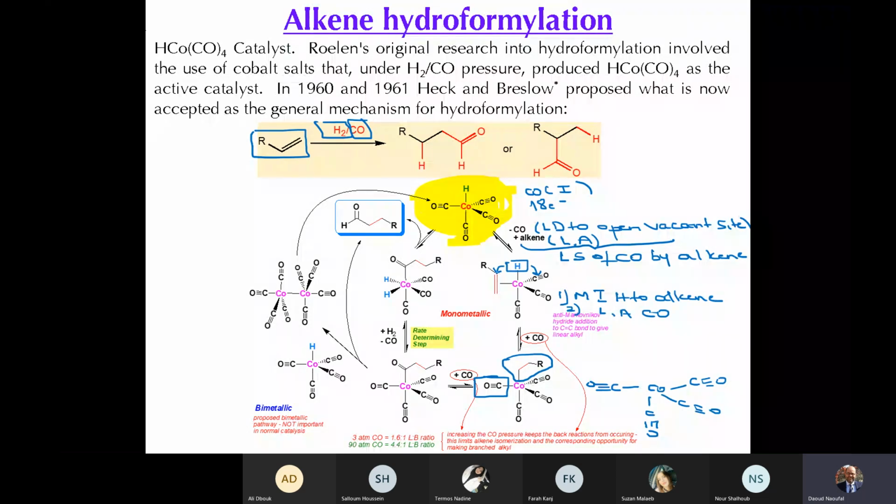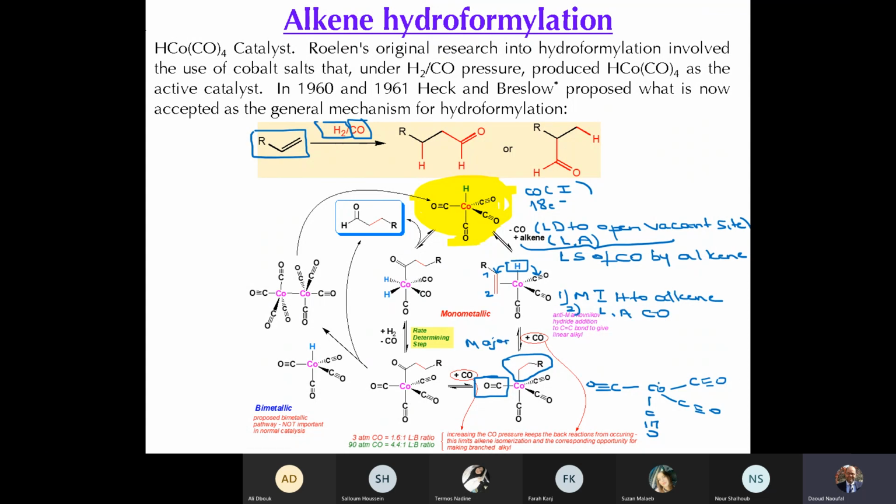So it will attack the carbon bearing R, and the bond is between cobalt and carbon 2. I will note this is carbon 1 and this is carbon 2. So the bond is between cobalt and carbon 2, and carbon 1 bears the R group. This is the first possibility, and this is the major one, since this is the anti-Markovnikov rule.